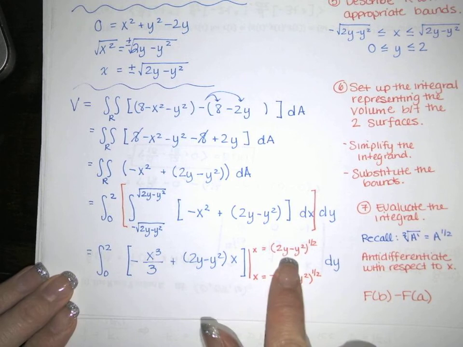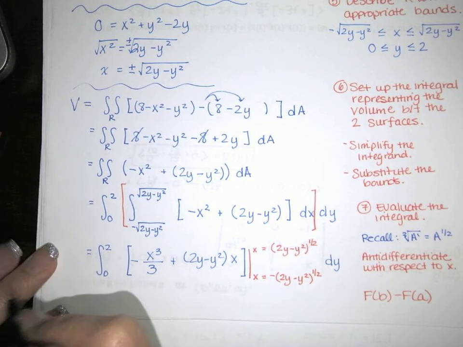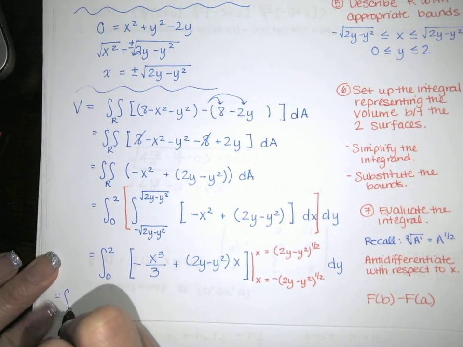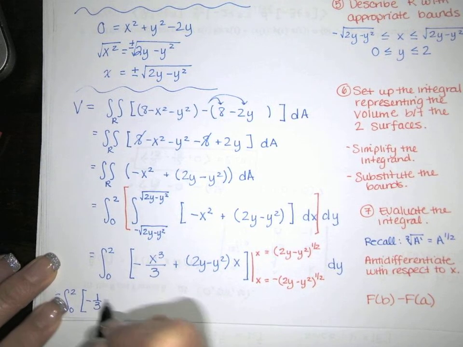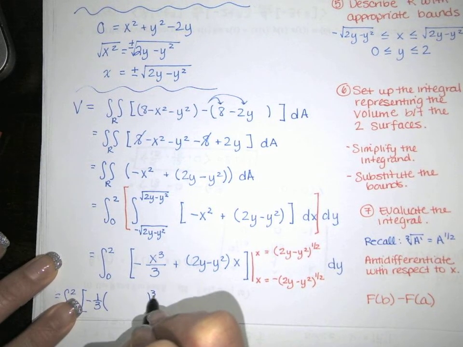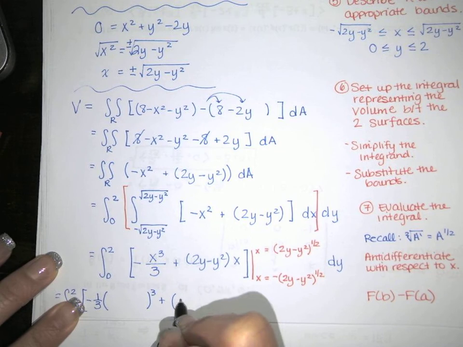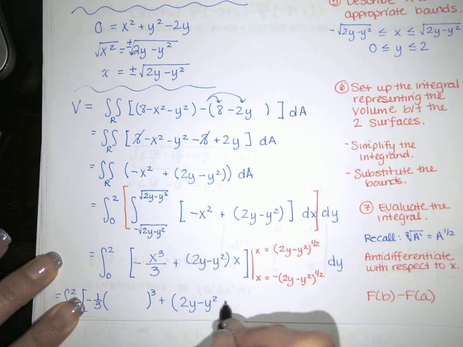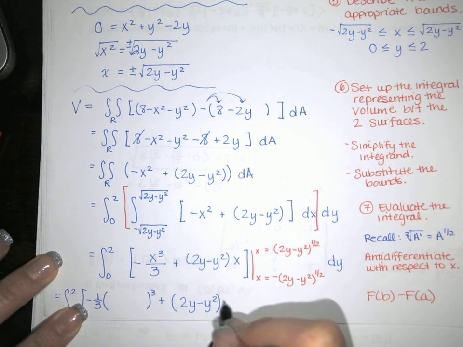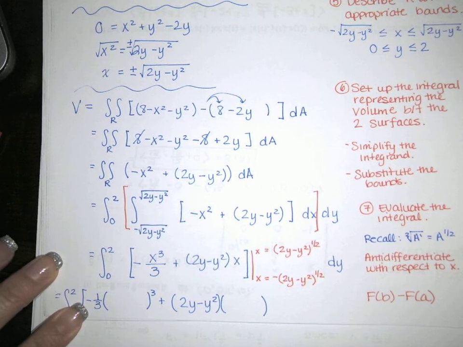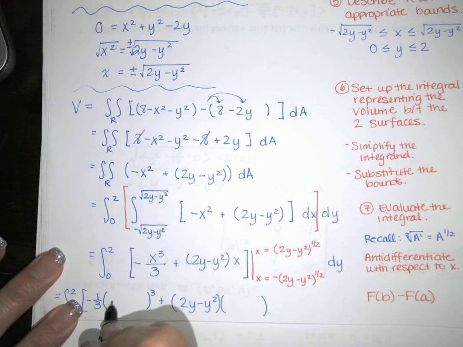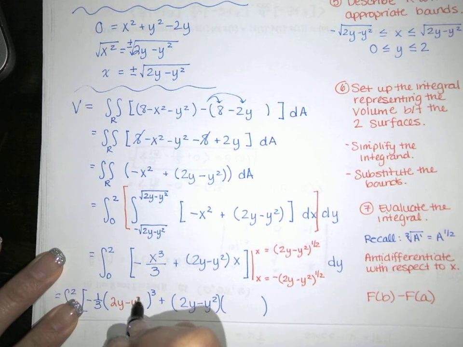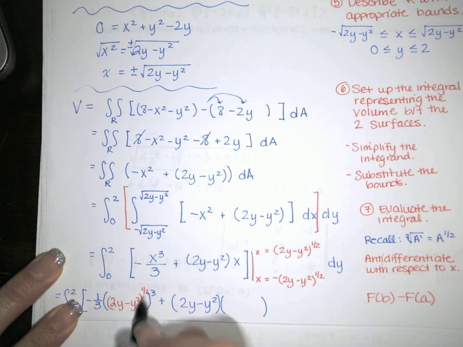When I substitute this in for x here, this is going to get long. So I'll have a negative 1/3, and then I've got x cubed, and over here I've got 2y minus y squared times x. I'm replacing x with 2y minus y squared to the 1/2.